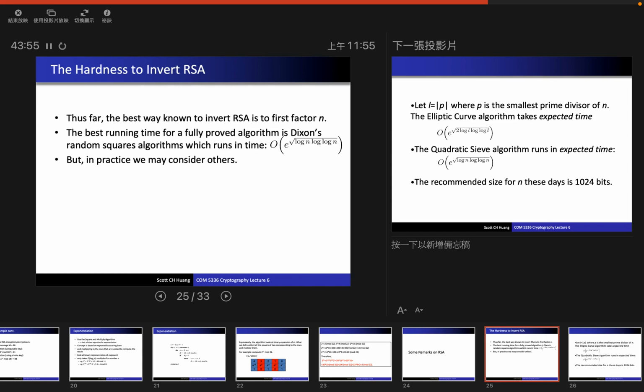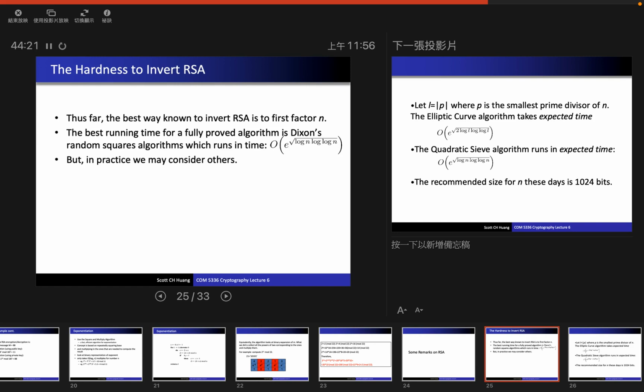So far, there are only some partial results on how to factorize particular numbers. For example, if you have a number of a particular format, in some cases you can factorize it, but so far there's no known algorithm that can factorize every possible n.